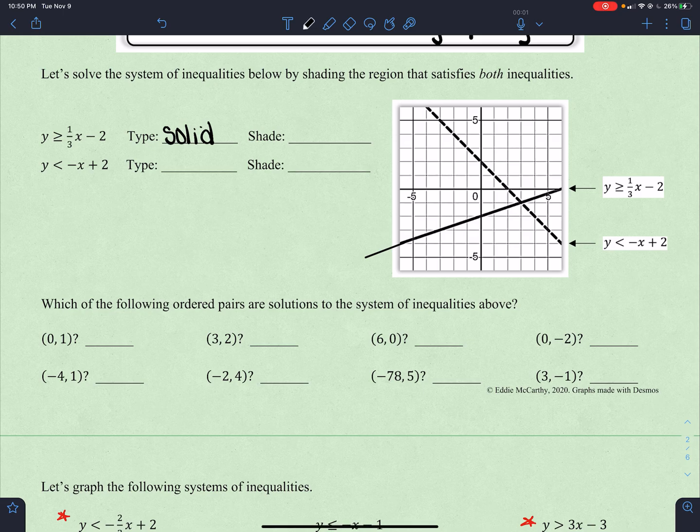And when we shade, we are going to be shading above because it is greater than. And then we have y is less than negative x plus 2. So since it's less than and not equal to, this one is going to be a dashed boundary line. And we are going to be shading below.